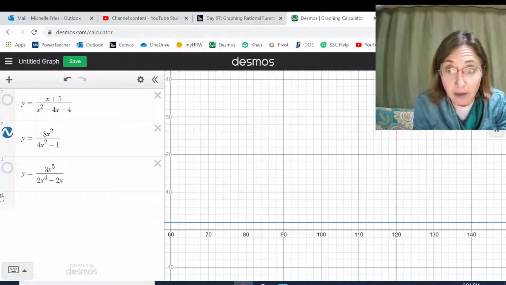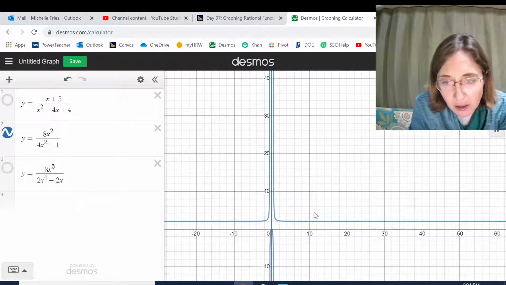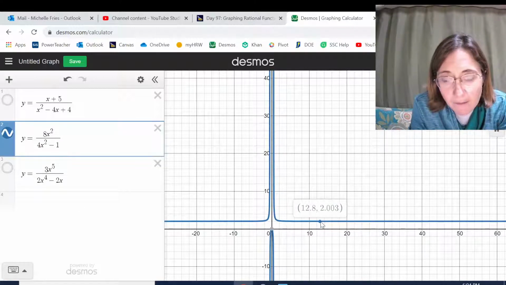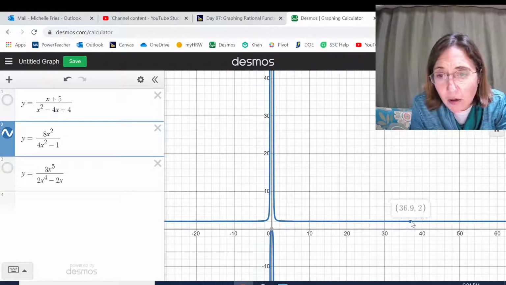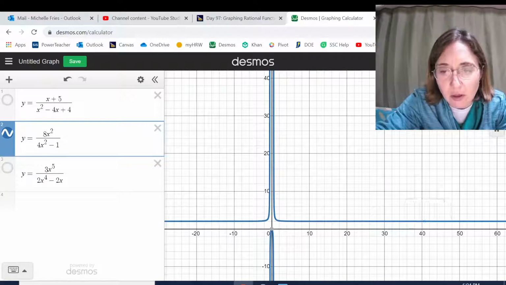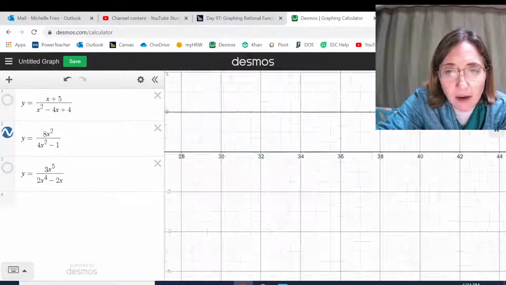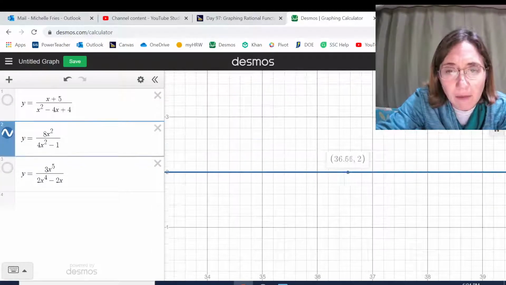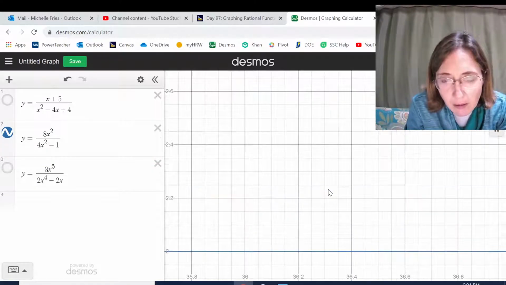Let's see what, oh, sorry, moved it. Let's see what those y values are approaching. So let me look here. I'm going to click. 2.003, 2.001, okay. Oh, I have to show you something. Okay, so it looks like it's hitting 2. But if I zoom in more to get a better view on it, let me click on it again.